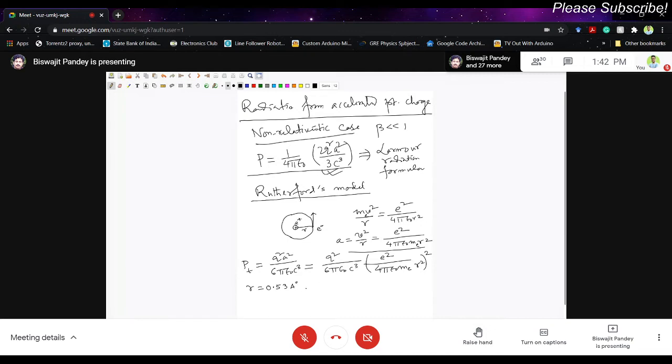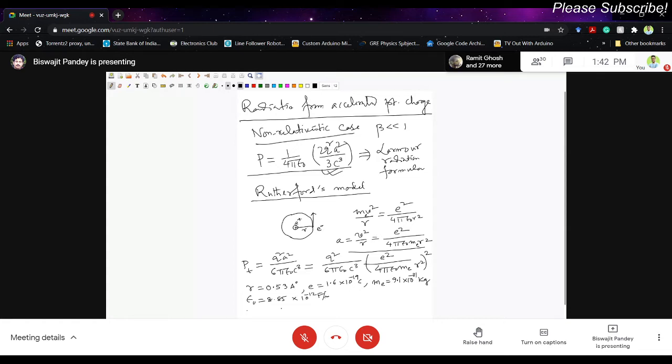This is the radius, and of course the charge of the electron is known to us, which is 1.6 into 10 power minus 19 coulomb, and the mass of the electron is 9.1 into 10 power minus 31 kg. Epsilon 0 is a constant, 8.85 into 10 to the power minus 12 farad per meter. And if you plug in these numbers in this formula, you will end up with this value.